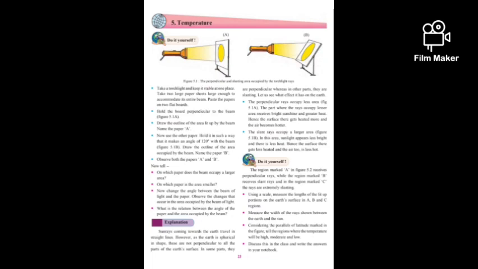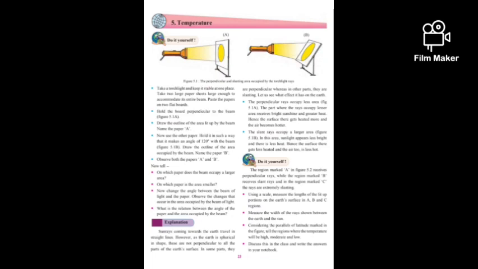If you compare both the figures, you will see that in the first figure, where the torchlight falls perpendicular, you can see a small circle. And in the other figure, where the paper is slant, you will see the circle is elongated. In the same way, this happens on the Earth's surface.